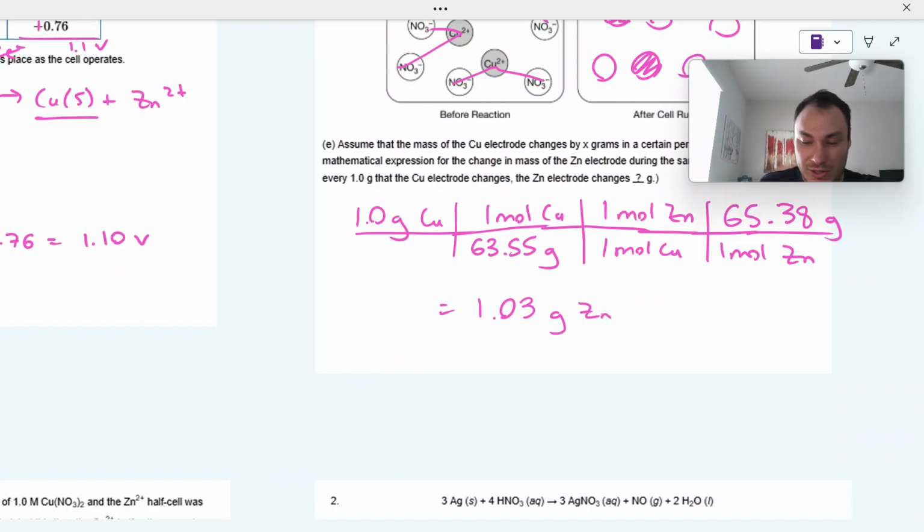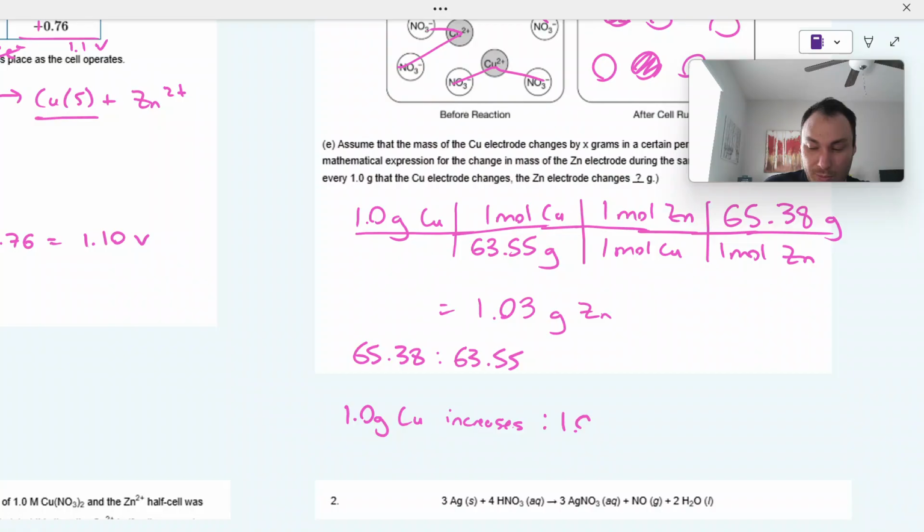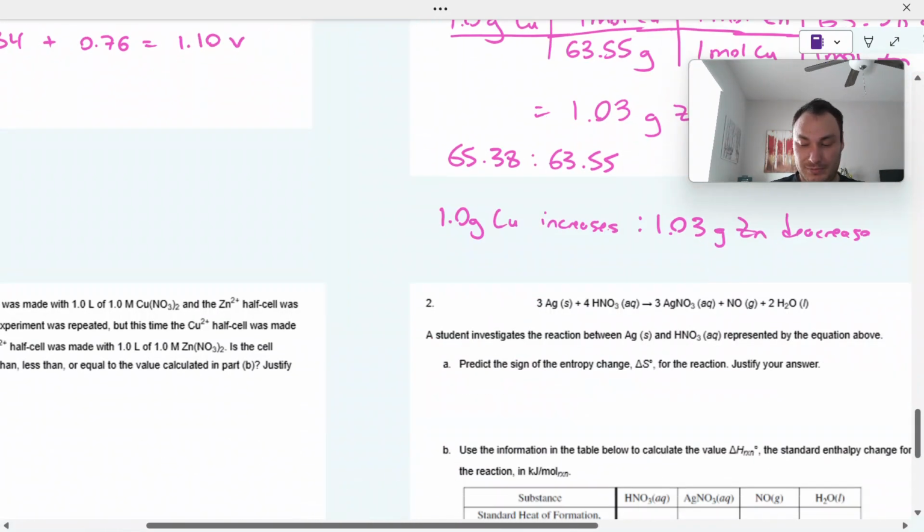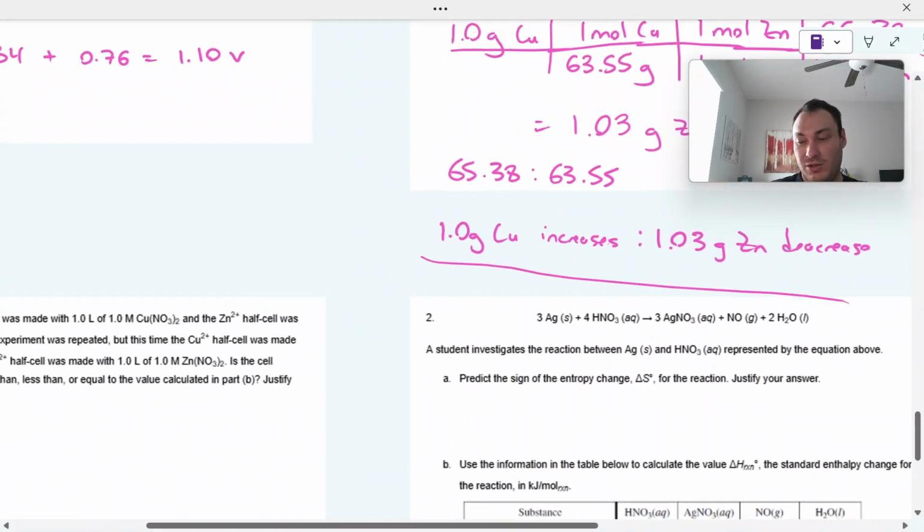So the ratio is really 65.38 to 63.55, but it's kind of hard to see what's happening there. What's happening is for every 1.0 gram of copper that increases, 1.03 grams of zinc decreases, goes down, because we're using up the solid zinc according to this reaction. And that's good enough right there.